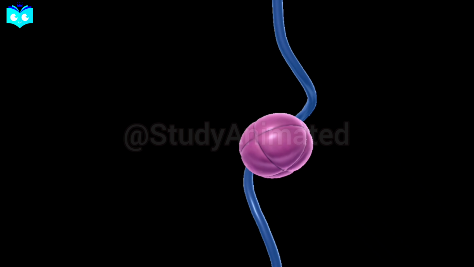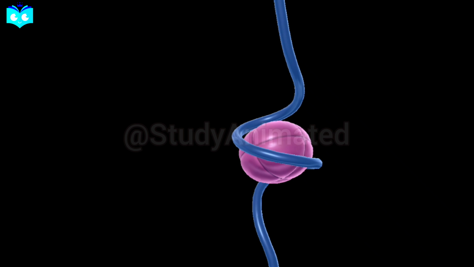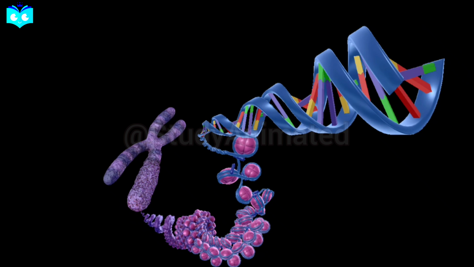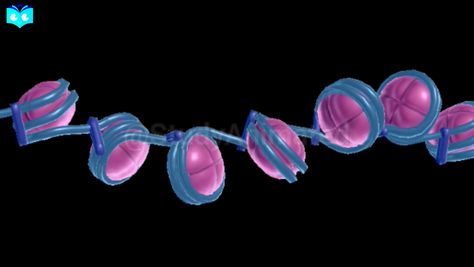The negatively charged DNA then wraps around this positively charged histone octamer. A typical nucleosome contains about 200 base pairs of DNA. This DNA-histone complex is called a nucleosome. Nucleosomes are the repeating units of chromatin.